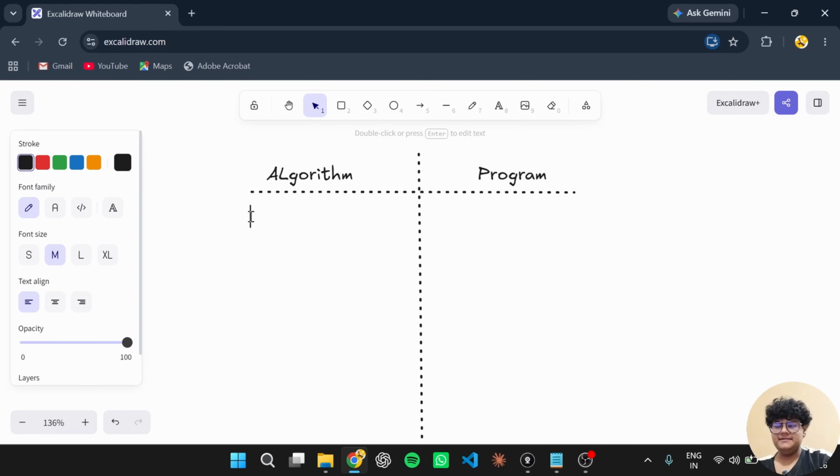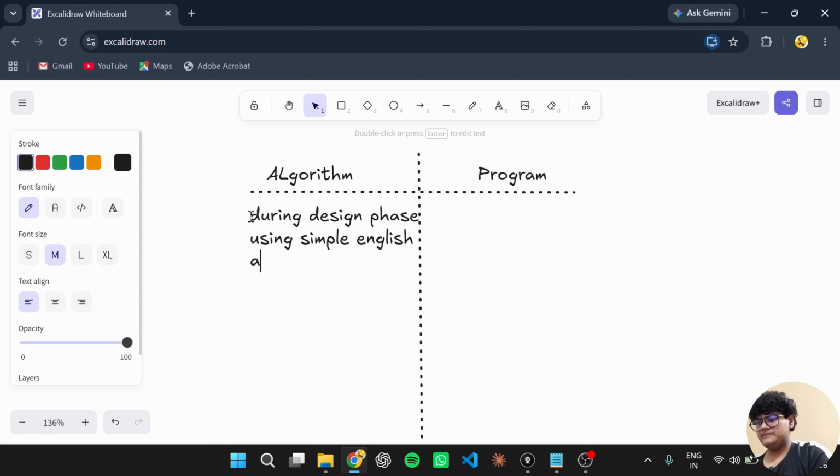We can write here that they are written during design phase using simple English and mathematical notations. While a program requires proper programming syntax of any language we can choose.